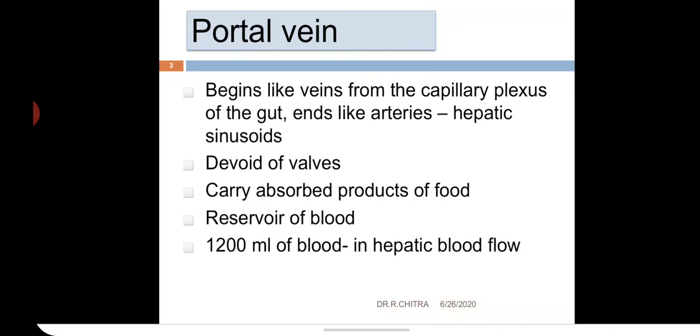Blood enters the liver from the portal vein and also from the hepatic artery. This admixture of arterial and portal blood takes place in the hepatic sinusoids. Also, the tributaries and the portal vein are devoid of valves. So these are the peculiarities of the portal vein.